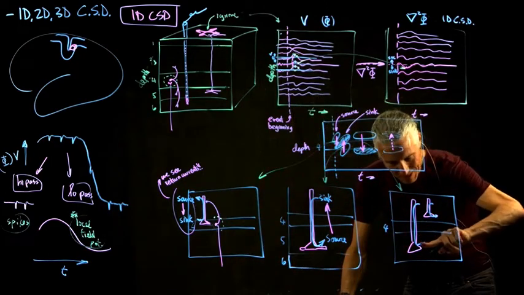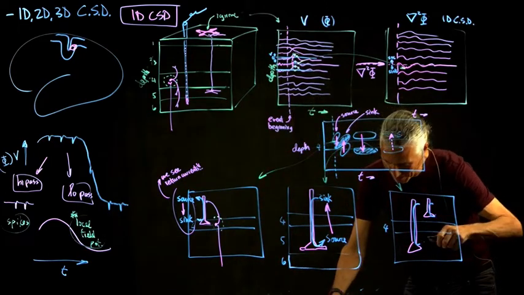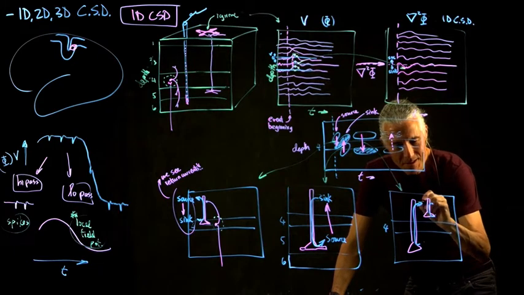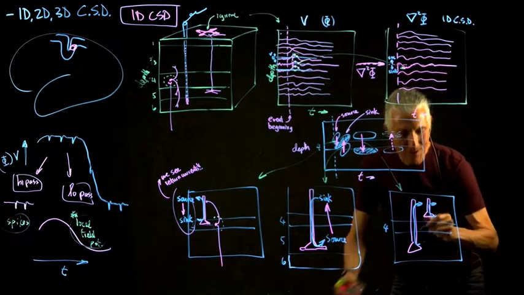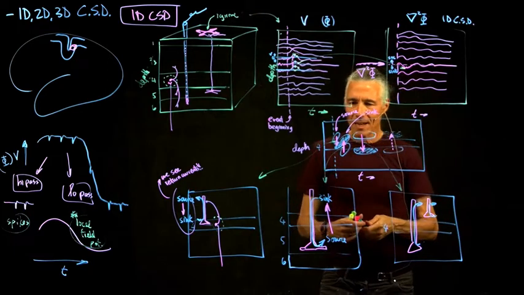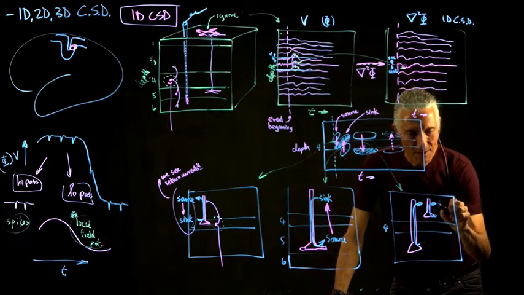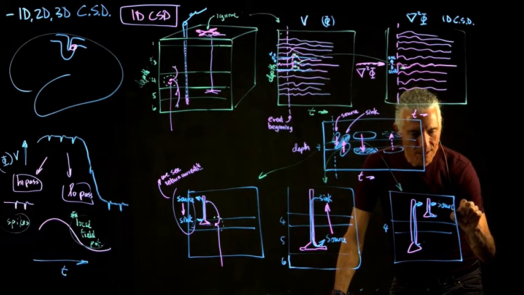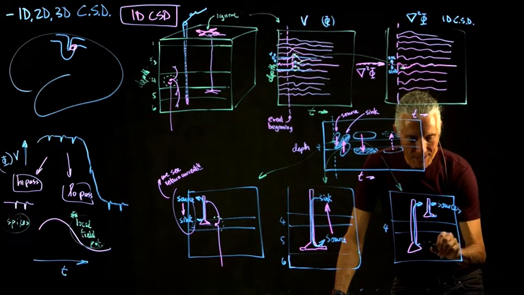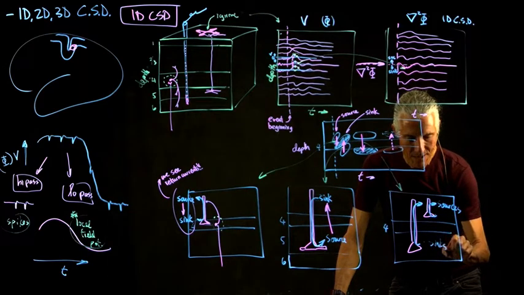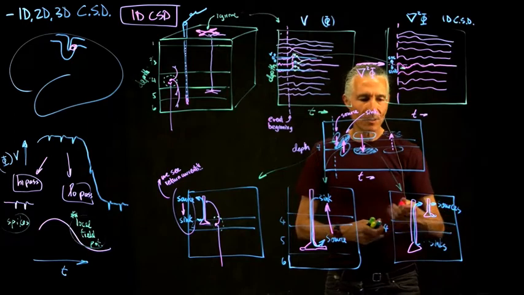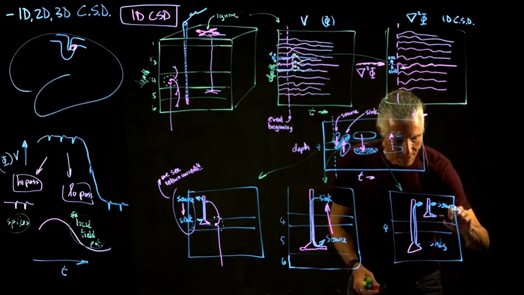Yes, they're being stimulated on their apical dendrites. Okay, going that way. So we see sources up here, and we've got sinks down here. That corresponds to something that's going that way.